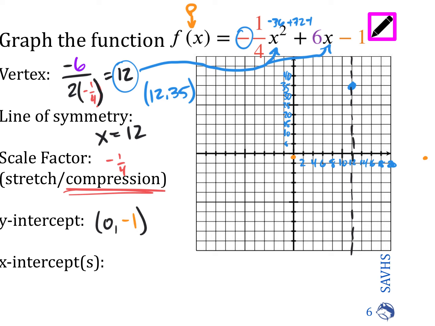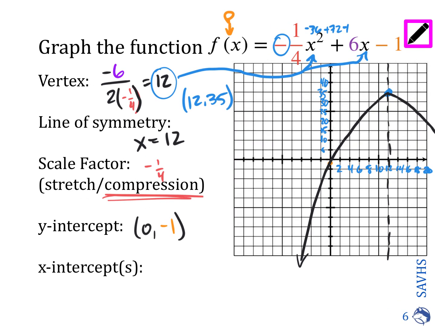This graph will look something like this, and it should be really smooth. Here I am not drawing it very smoothly, like that, okay? They should be curved, and mine doesn't really look very curved. It should be nice and curved and really nice and smooth. I did the best I could. I am okay with you doing the best you can. I just want it to look like a U-shaped graph and not like a V. Okay.